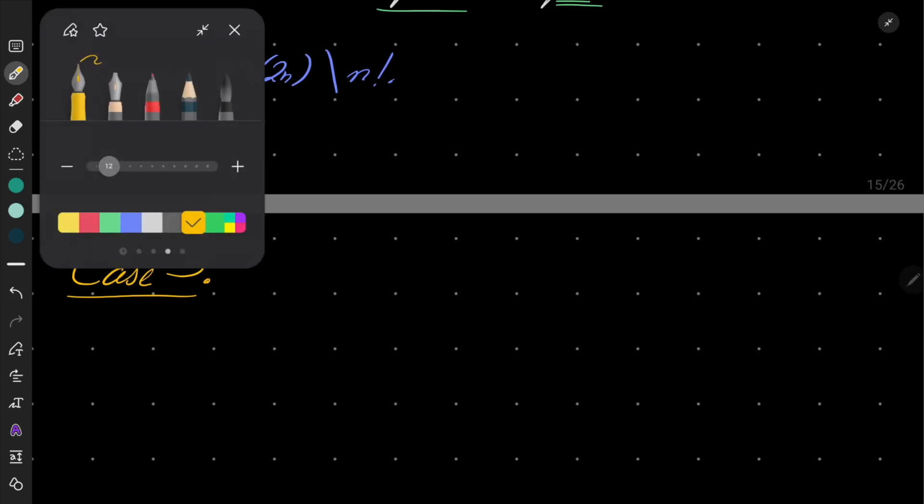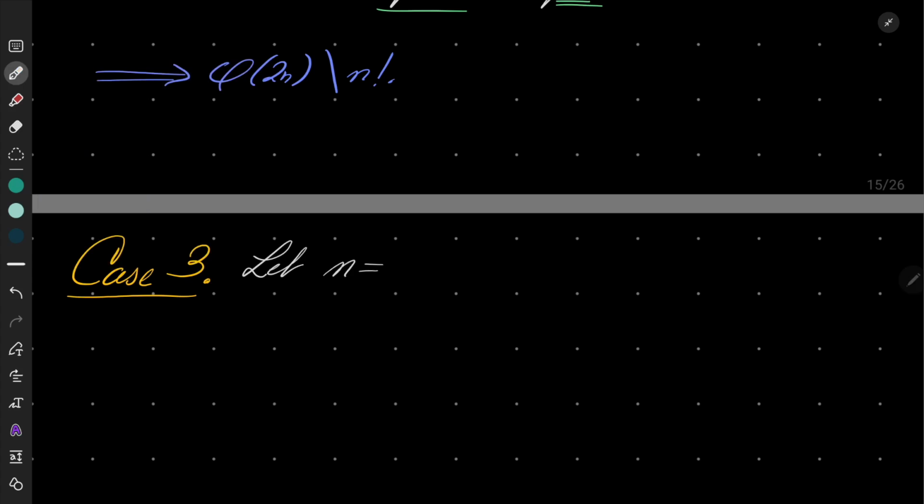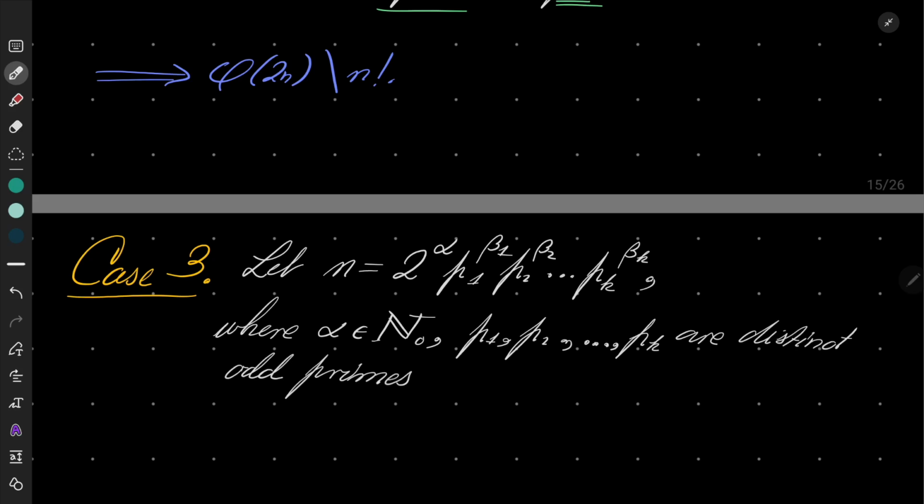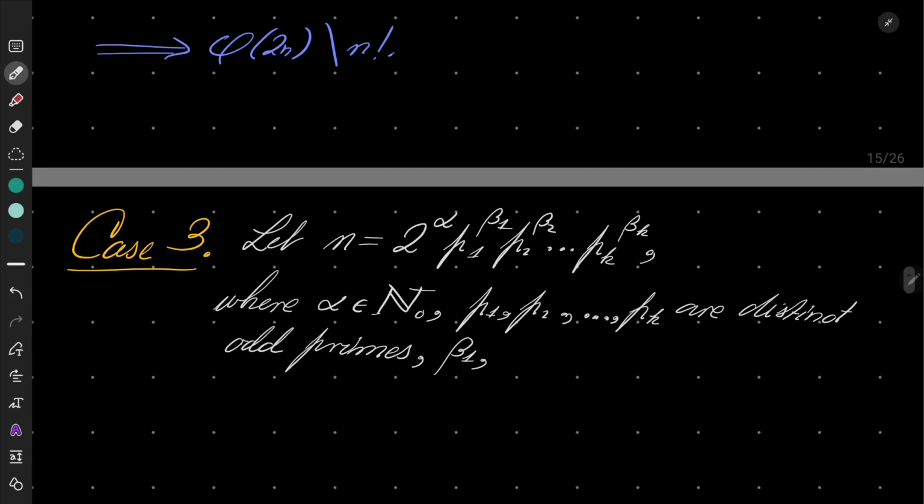Case number 3. The general case. What can we do? So let's write, let n be equal 2 to the power of alpha, p1 to the power beta 1, p2 to the power beta 2, and so on, pk to the power beta k, where alpha is a natural number, p1, p2 up to pk are distinct odd primes, and moreover beta 1, beta 2, and so on, beta k are positive integers.